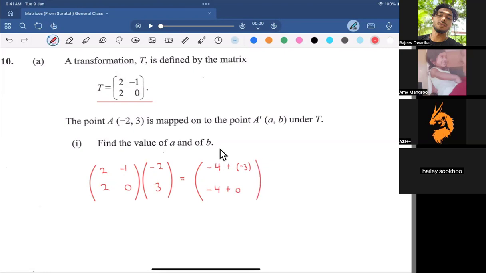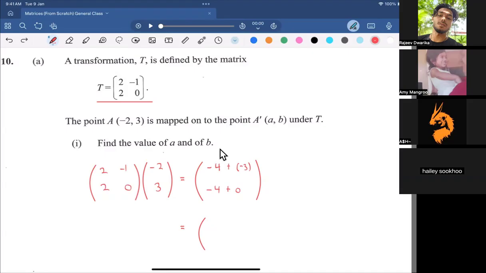What's -4 plus -3? Imagine you take $4 and you take another $3. How much money did you take? Maybe -7. -7.